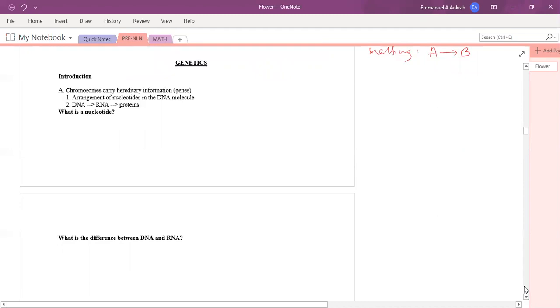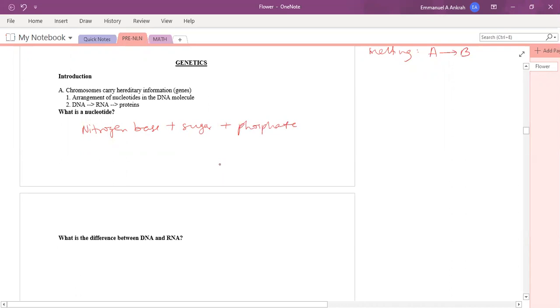So we'll skip that part, but just for a quick review, when I say nucleotide, we said it's made up of the nitrogen base, the sugar, and the phosphates. That's what forms the nucleotide, if you remember that.